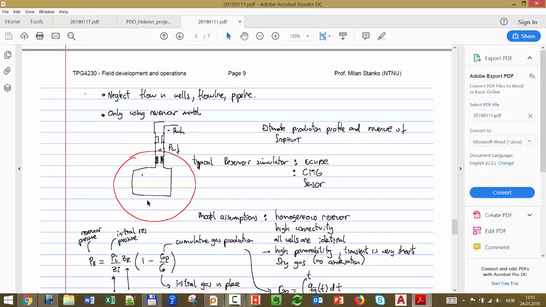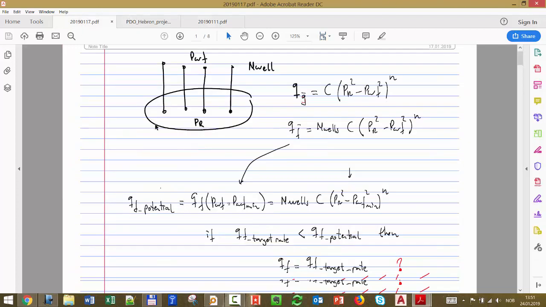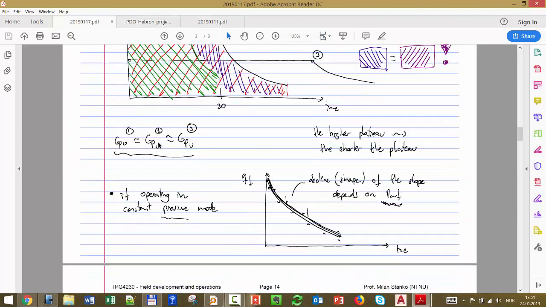The reservoir has two parts. Storability, the change in pressure when I drain material, that's that first equation. And then I have one more equation which tells you the pressure drop in the flow: how much does it take for the oil or the gas to go from the reservoir towards the wellbore? For that we used another equation.